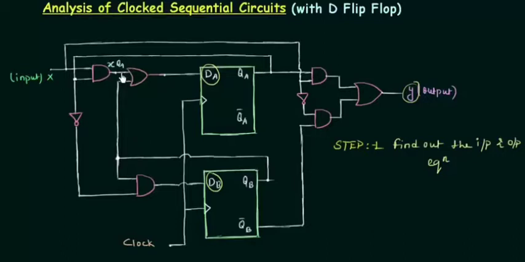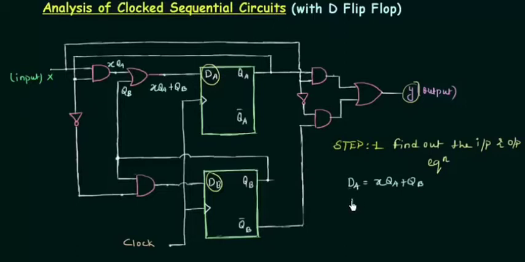This XQA is now acting as the input to this OR gate, and the second input is QB. Overall my dA is equal to XQA or QB. So I will write my input equation: dA equals XQA or QB.